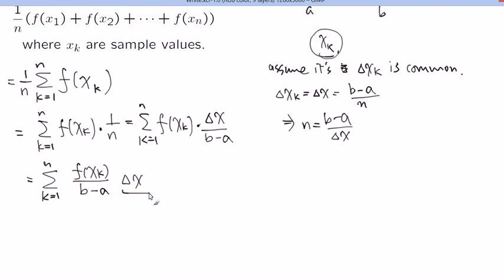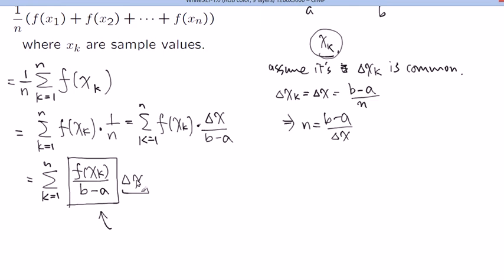So there's a delta x, and everything inside here is a function of xk. There's no xk minus 1 or xk star mixed up with the xk and all that. It is just xk, and b minus a is a constant. It does not change as k varies or depend on x, right? Does that make sense? This is a function of xk. This is delta x. Then that's a Riemann sum.